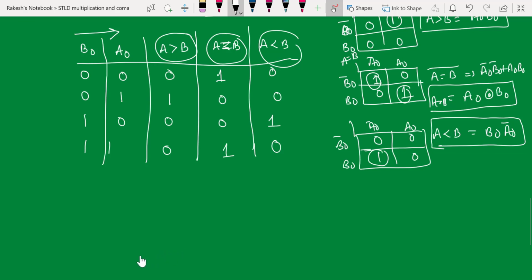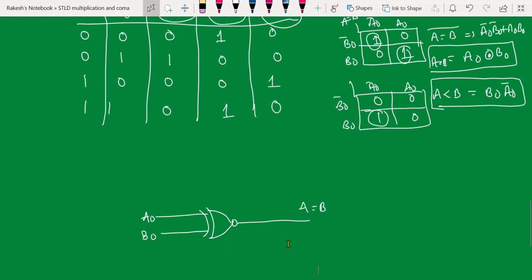So I'm going to take my A0 and B0 here. I'm going to use one XNOR gate here. This XNOR gate is going to produce my A equals to B output. So your XNOR gate output is nothing but A0 XNOR B0.